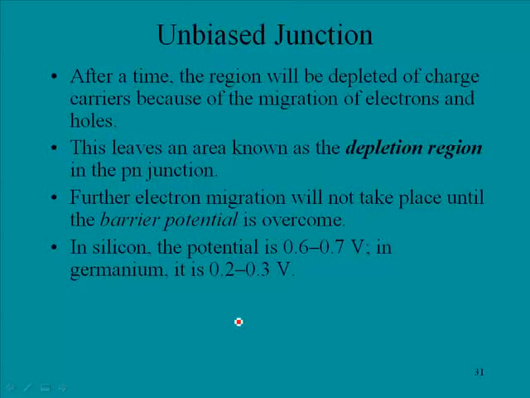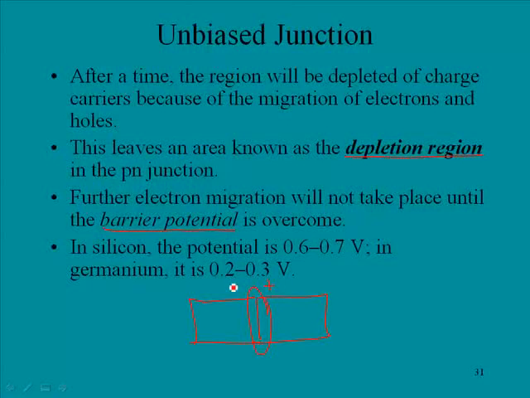After a time, the region will be depleted of charge carriers because of the migration of electrons and holes. This leaves an area known as the depletion region of the P-N junction. Further electron migration will not take place until the barrier potential is overcome. And so that region, that barrier potential, there is actually a voltage there.